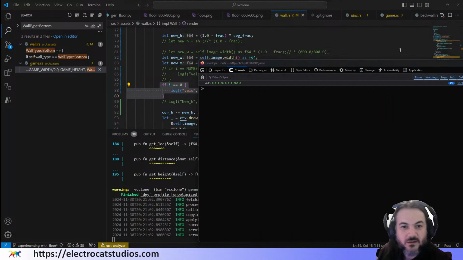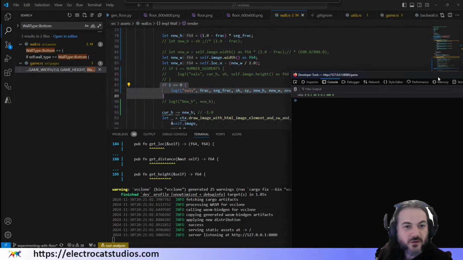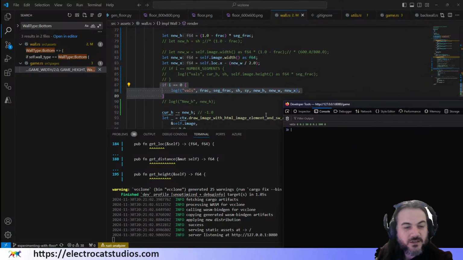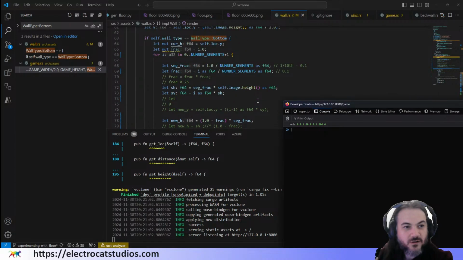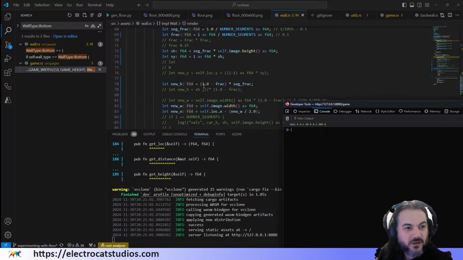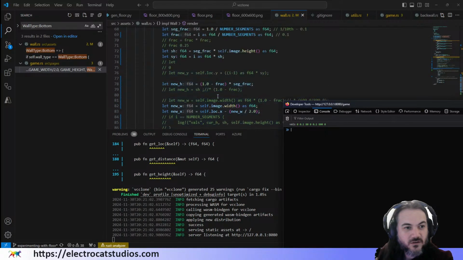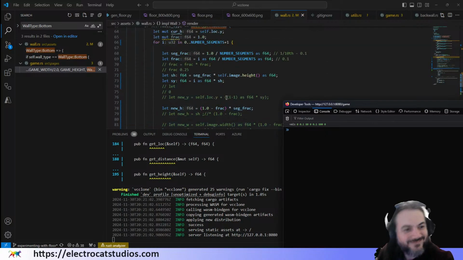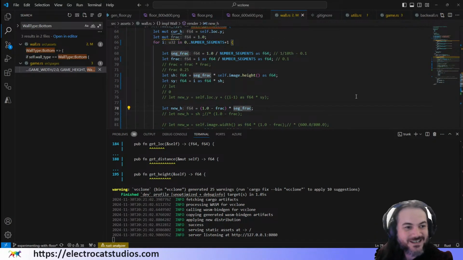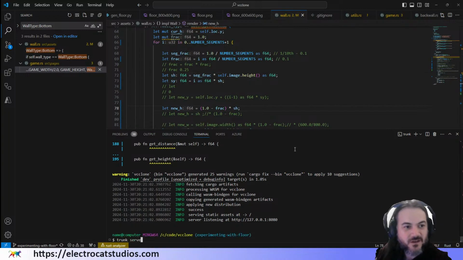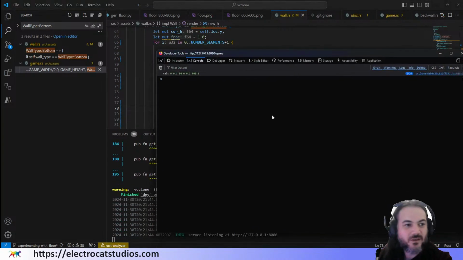Can't remember what these are now. Okay, so the fraction is 0, which for the new height should be 1 minus 0 times 80. Oh, wait. Yeah. Okay, it is. Times start height. Yes, there we go.